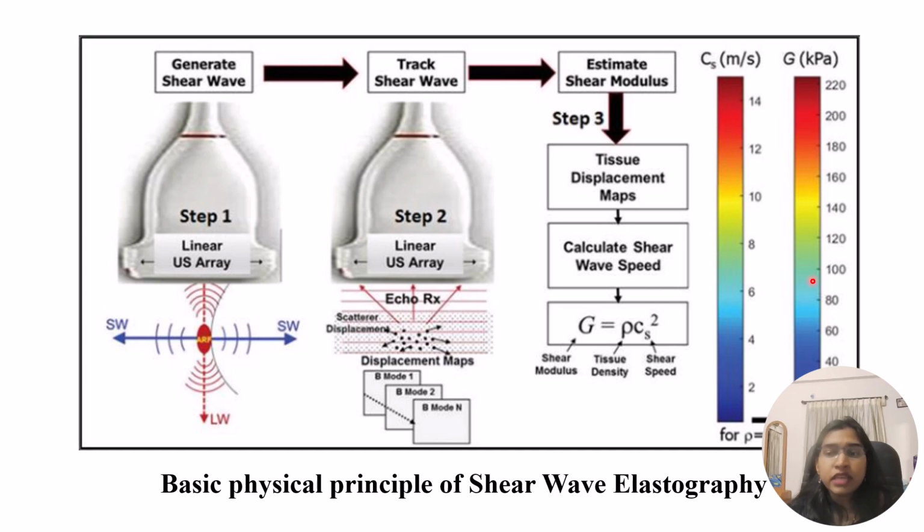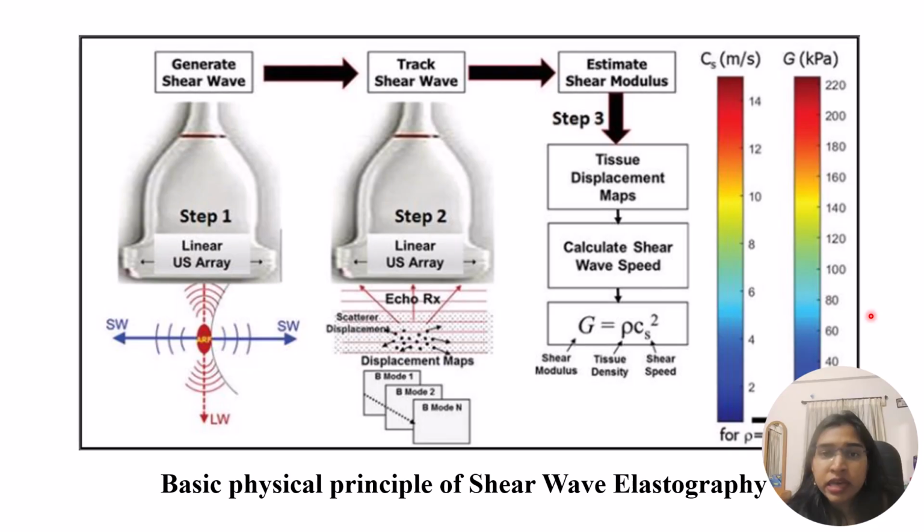Then in step 2, fast plane wave excitation is used to track the displacement. So how much displacement has occurred, कितना displacement हुआ, that is going to be calculated. The tissue displacement is calculated using an algorithm that is already saved in the ultrasound.